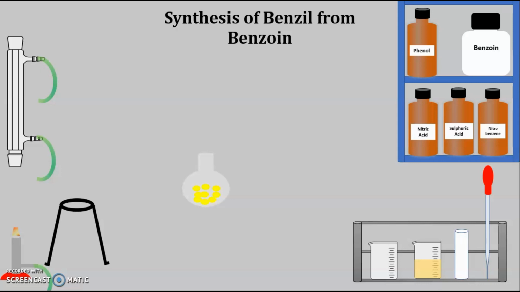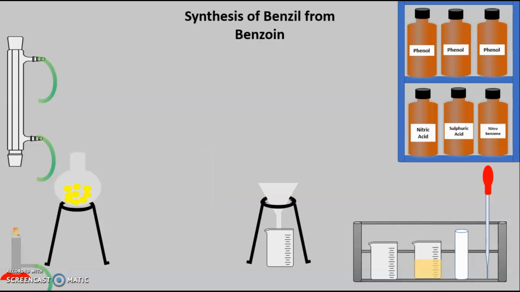Once we get the crystals of benzil, next we have to perform the recrystallization. Recrystallization of benzil is carried out in alcohol. Here you can see we have taken the crystals of benzil to which we will add the alcohol.